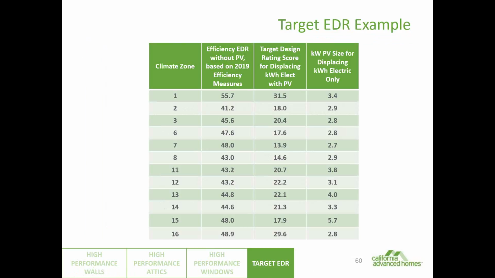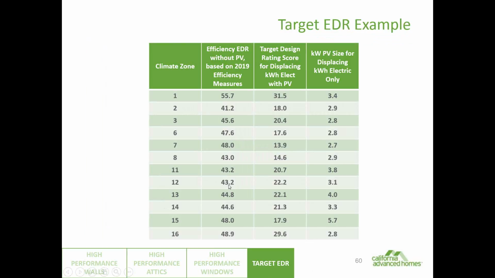So the target EDR example, again, is straight out of the CEC. This is just some runs of buildings, and there's going to be an efficiency EDR based off the prescriptive package. The building's going to have to do at least that. And then the target EDR is going to be, so let's go to climate zone 12.